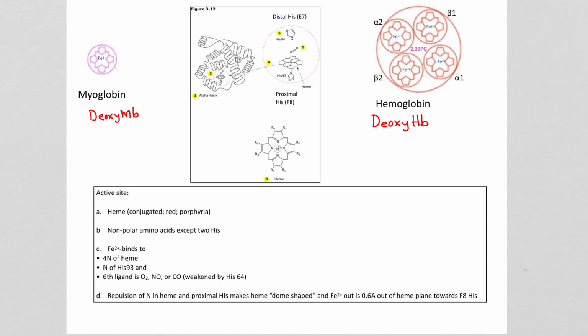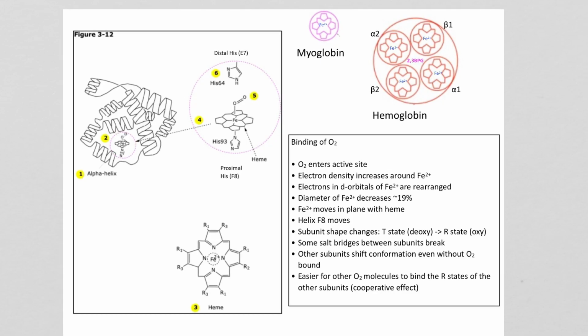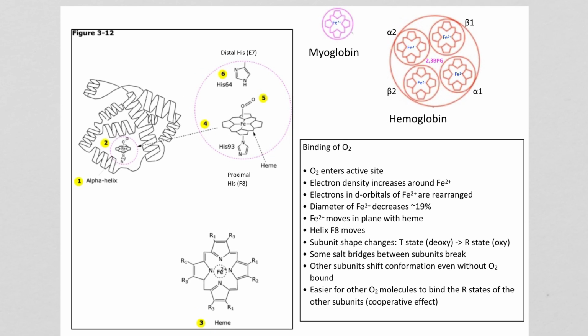Now let us see what happens when oxygen binds to the active site. So here are the essential steps that happen when oxygen binds to the active site of myoglobin or of hemoglobin.